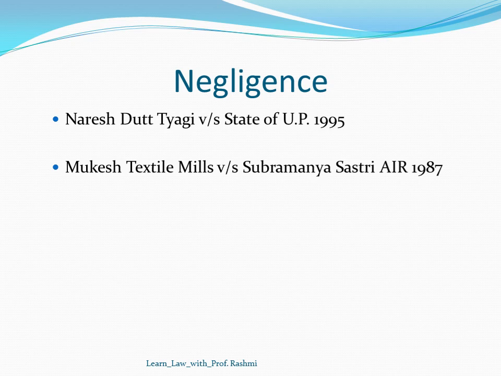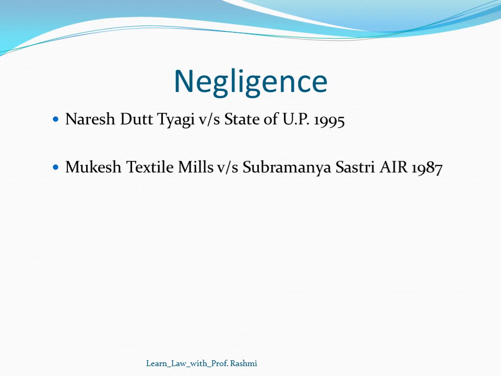Molasses is basically the byproduct which is obtained while manufacturing sugar, and these molasses were stored in the appellant's land, which was close to the respondent's land, and it was only separated by a water channel. So there is the appellant's land, then there is a water channel, and then there is the respondent's land. So here the appellant is storing this byproduct of sugar, that is molasses, in tanks.